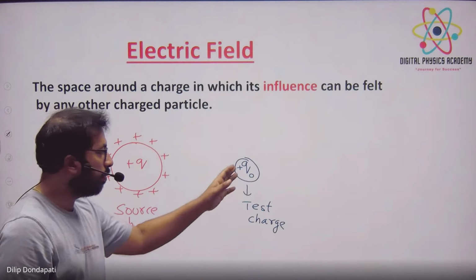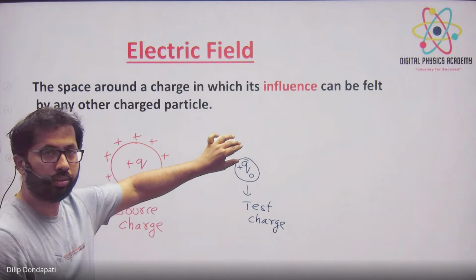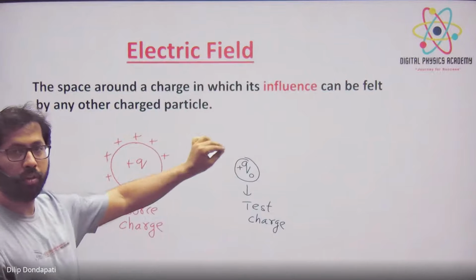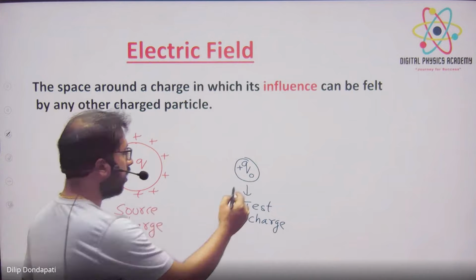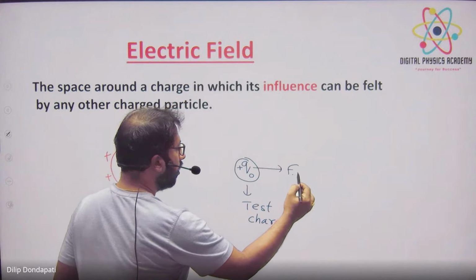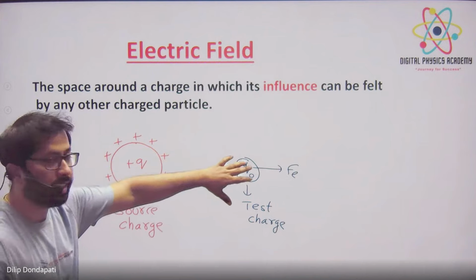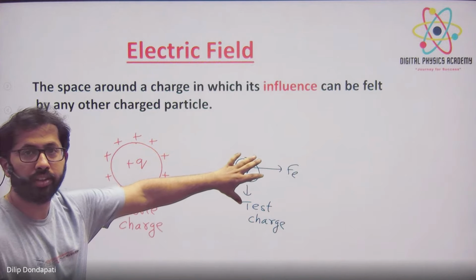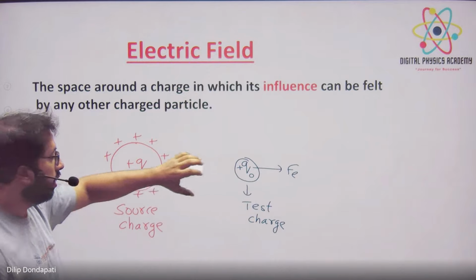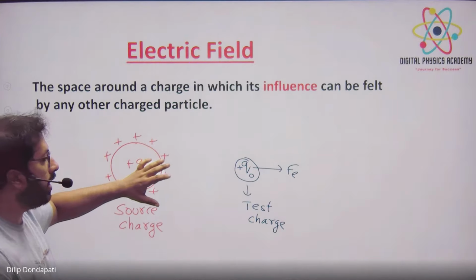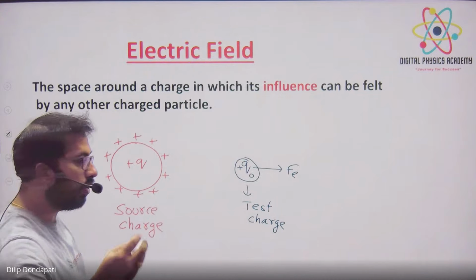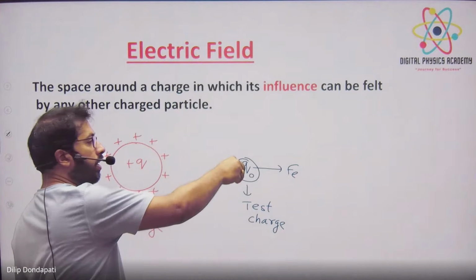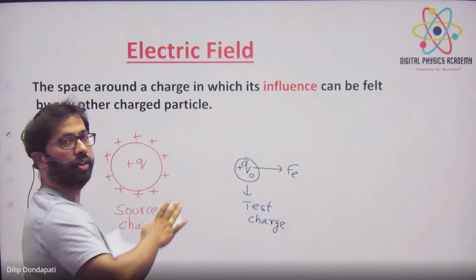So what will happen when I put the smaller charge near to it? There is a force, repulsion will be there. There is a force acting on this charge. Why this force is acting on this charge? Because this source charge is spreading the electric field everywhere. And whenever the charge is in that field, then only there is a force acting on that charge.